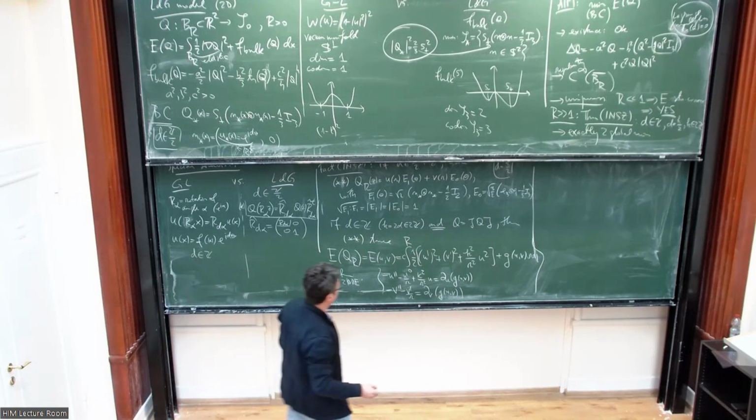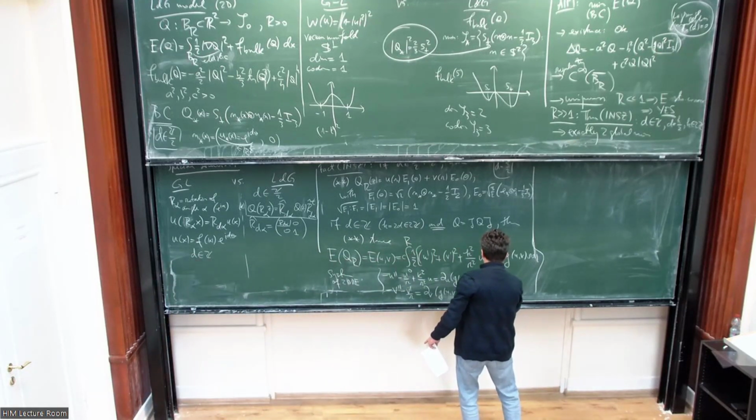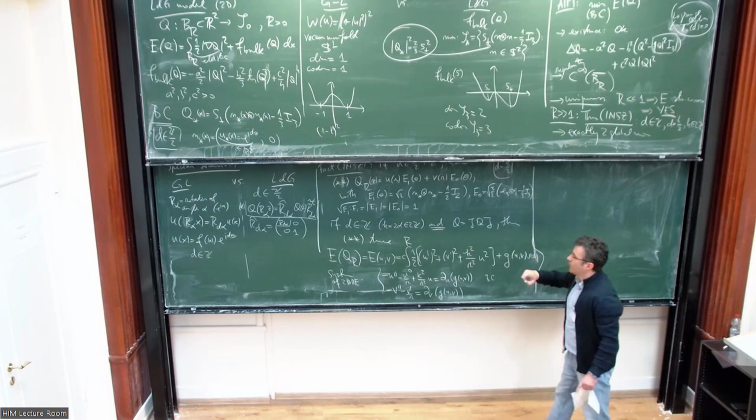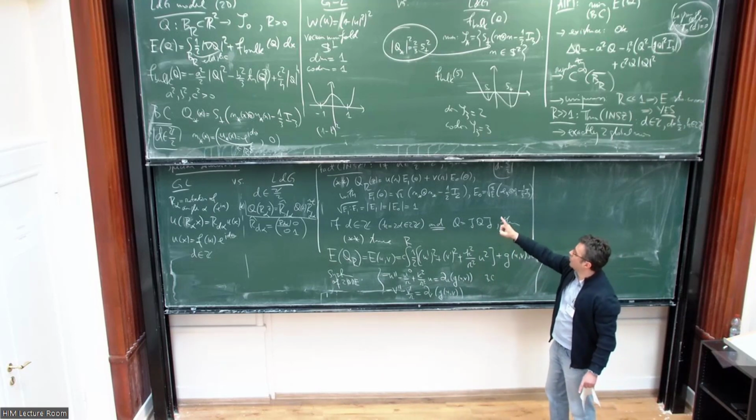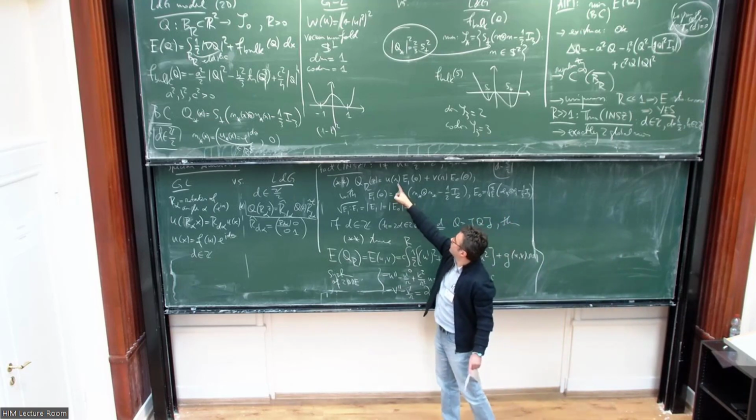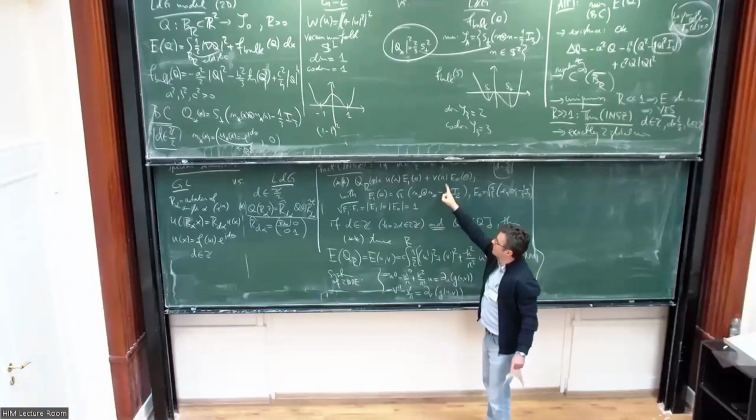Okay, and then you have a boundary condition. The boundary condition that we set there will fix what U of R and V of R are.